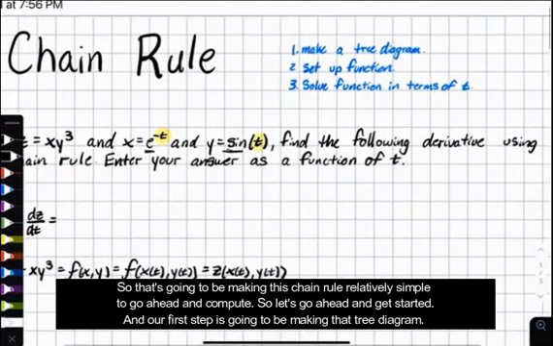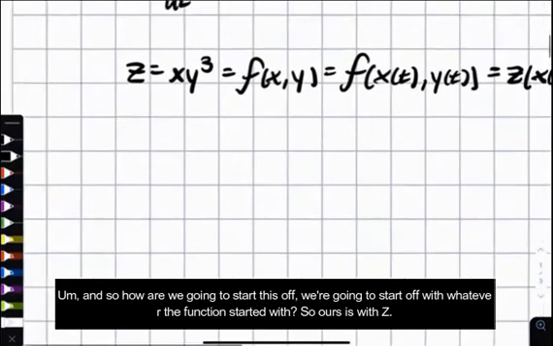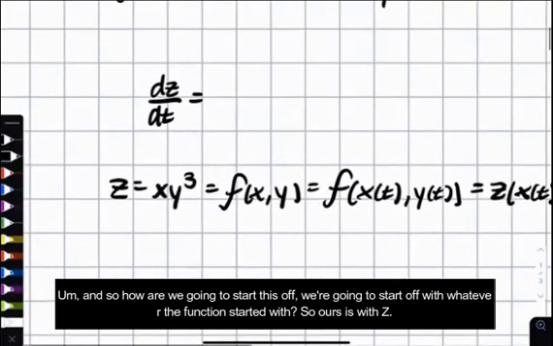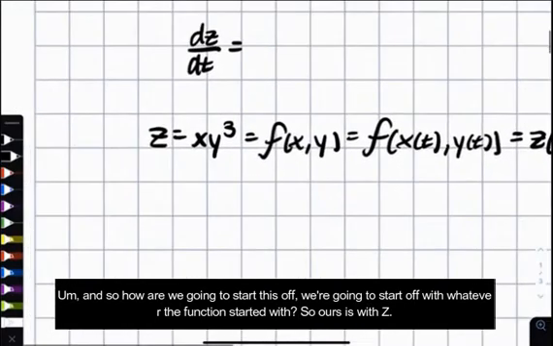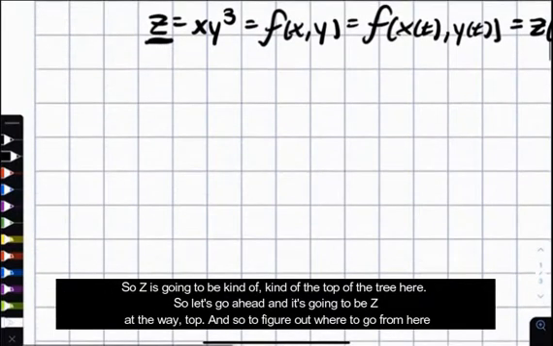Our first step is going to be making that tree diagram. How we're going to start this off is with whatever the function started with. So ours is with z. So z is going to be the top of the tree, way at the top.